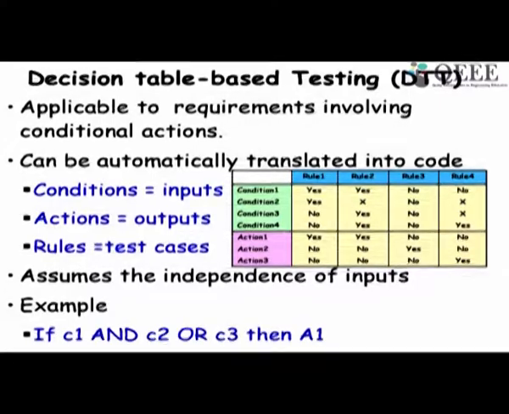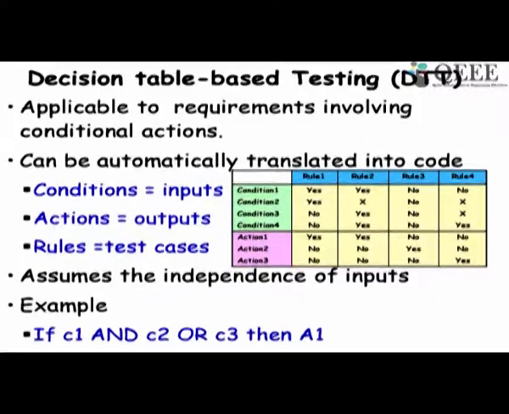So the top part of the table are the conditions and the bottom part are the actions, and every unique combination of conditions is called a rule. In decision table based testing, each rule becomes a test case. So we set these combinations of conditions and check whether these actions do take place.